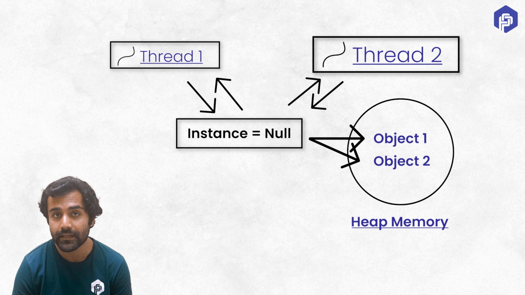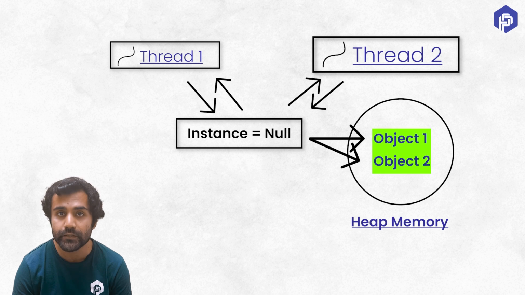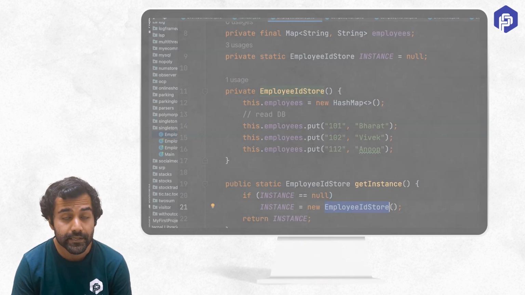So now, in your runtime environment, instead of just one object, there will be two objects floating around. And this can be disastrous. Why? Because most of the time you make a class Singleton if the object corresponding to it is humongous, is huge.